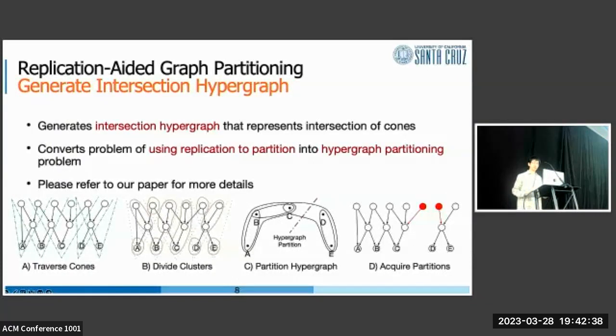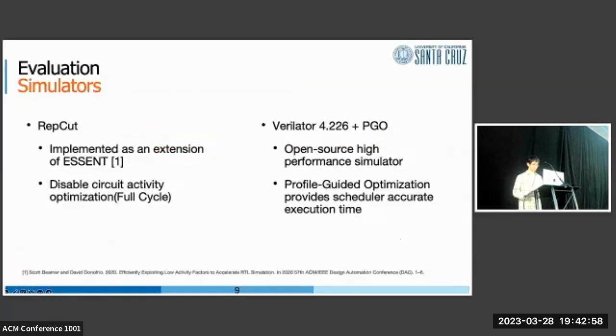RepCut uses a state-of-the-art hypergraph partitioner to partition the intersection hypergraph into disconnected partitions. Please read our paper for more information, as we are unable to introduce much detail in such a short talk.